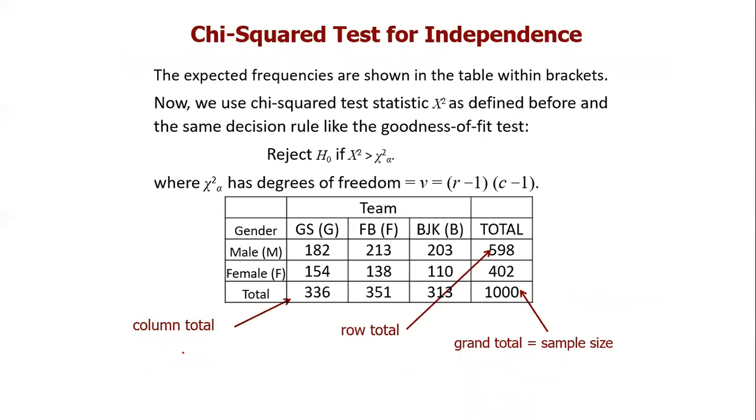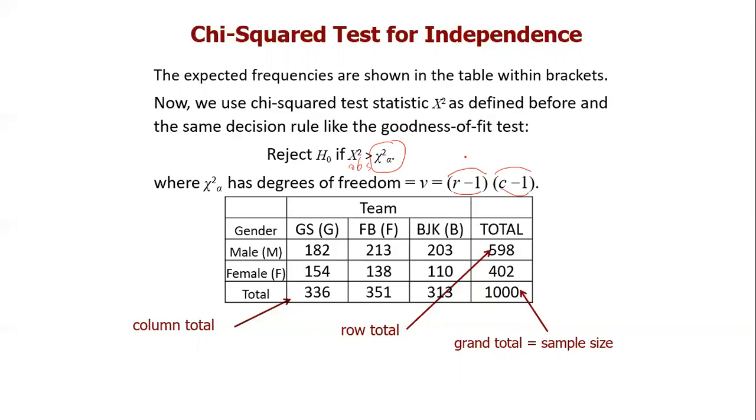Again, I will just find the chi-square. This is my chi-square observed. It is greater than the chi-square critical, which has an area of alpha to the right. And what is the degrees of freedom? Well, the degrees of freedom is a bit different here. You multiply rows minus 1 and columns minus 1.